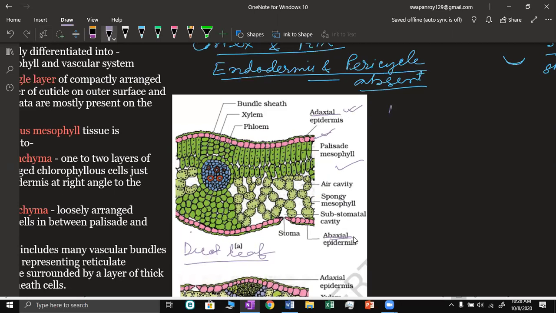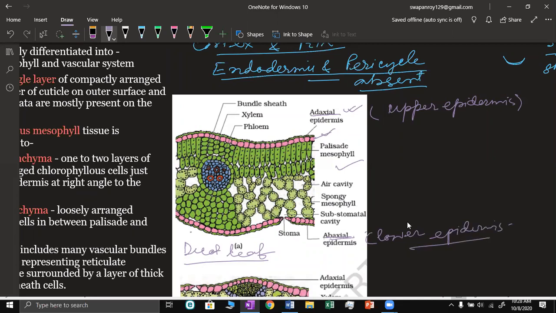Adaxial and abaxial. So this one you can also write as the upper epidermis, and this one is the lower epidermis.